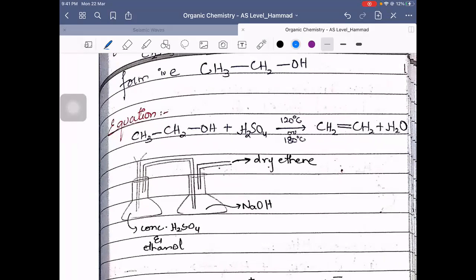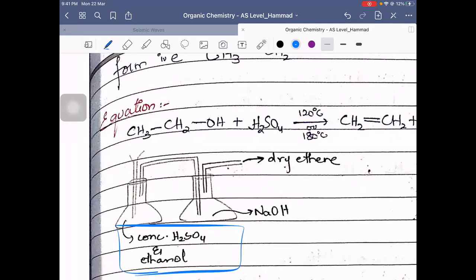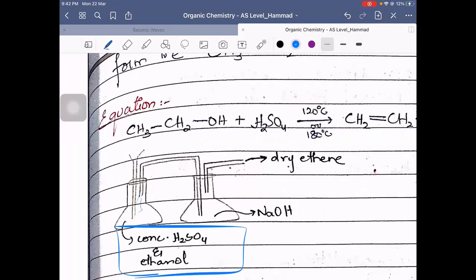My ethanol and concentrated H2SO4 are mixed together, right? Gas vapor would move through the container. The NaOH absorbs the OH part attached to it, right? And therefore allows dry ethene to be removed from the container.